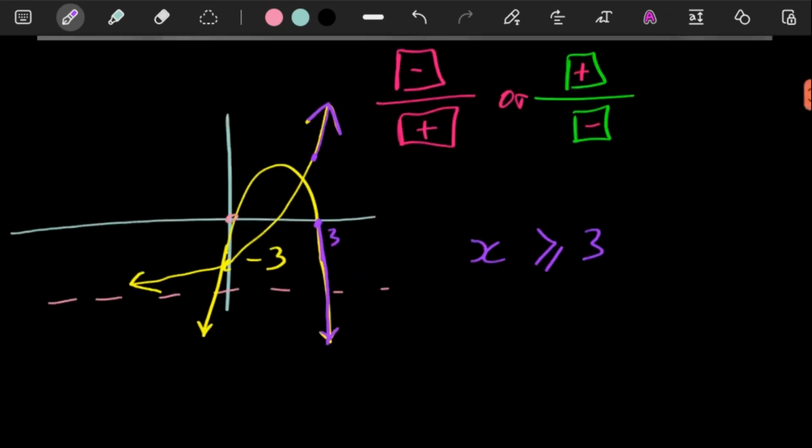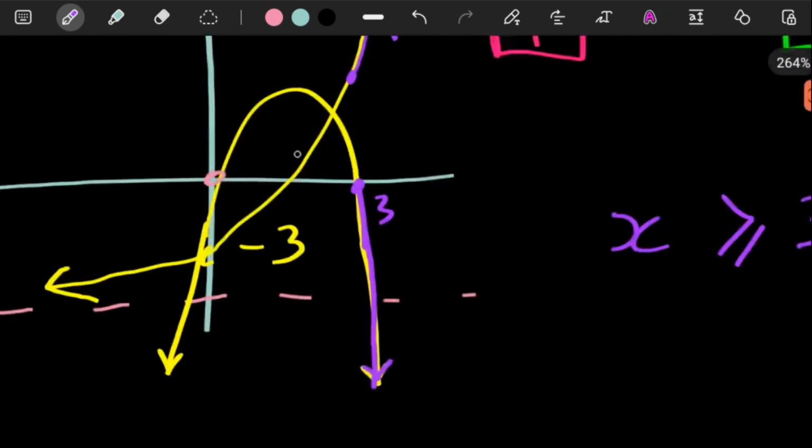The other portion that qualifies, if you look nicely, is this portion here all the way until 0, because this has negative y values while this has positive y values.